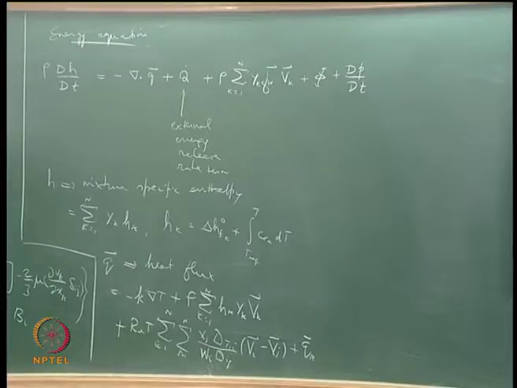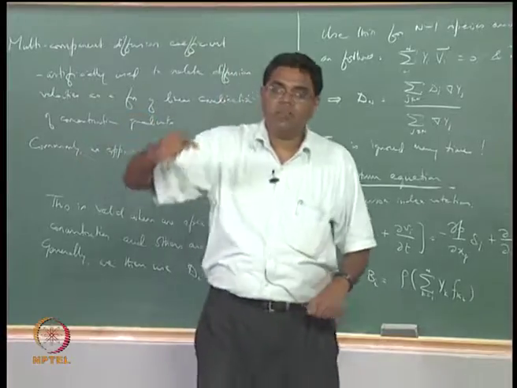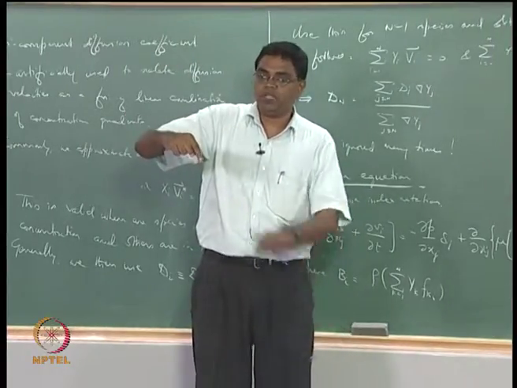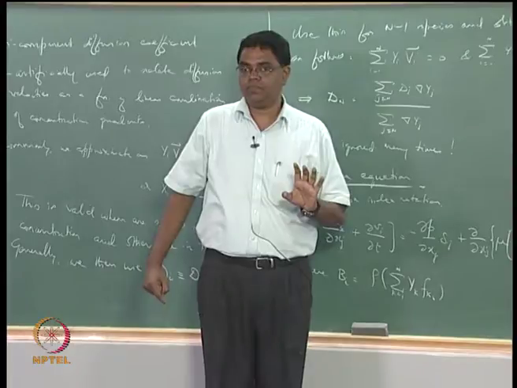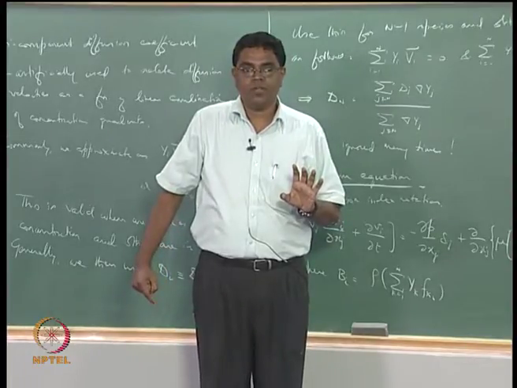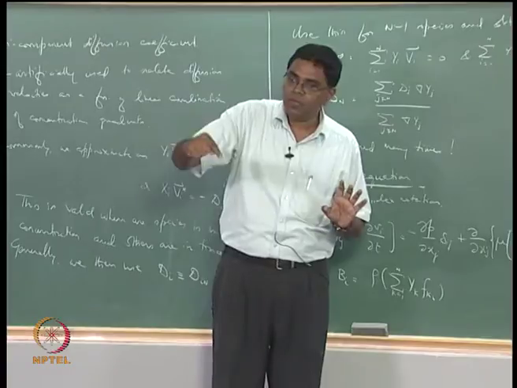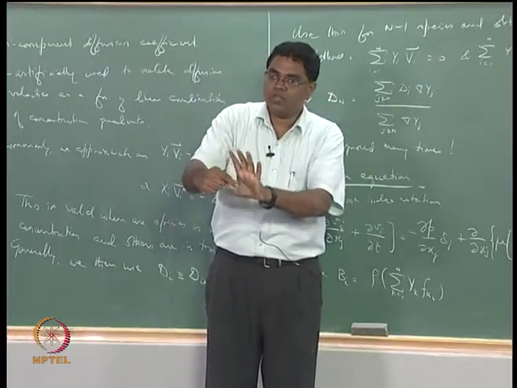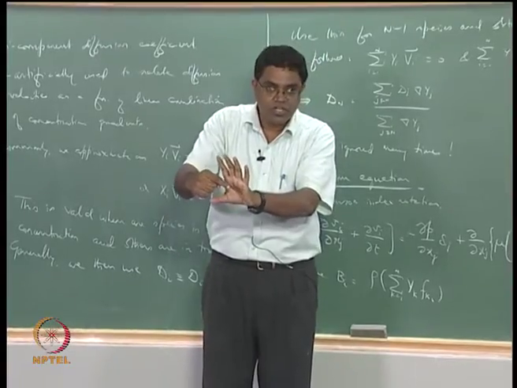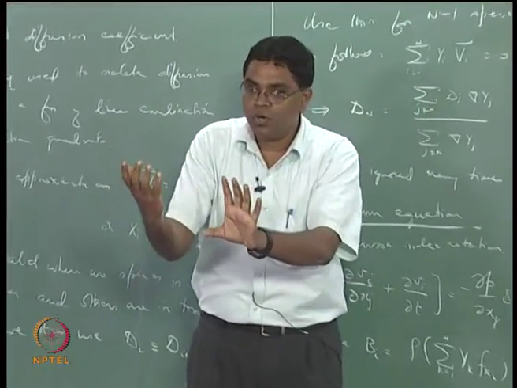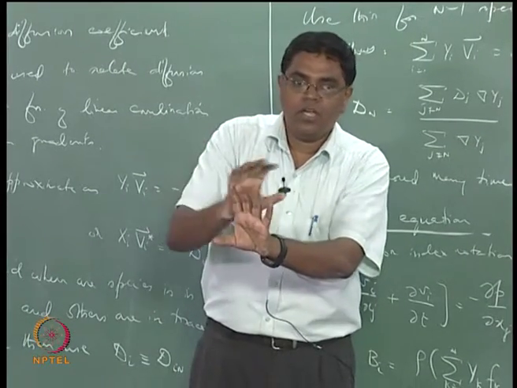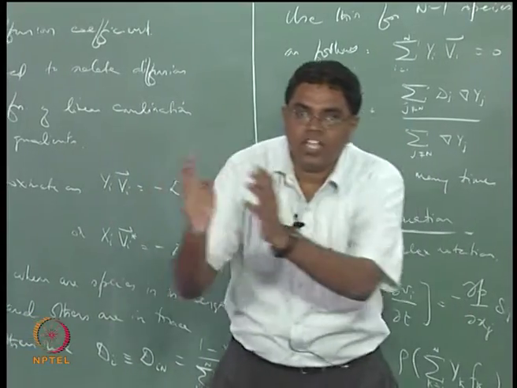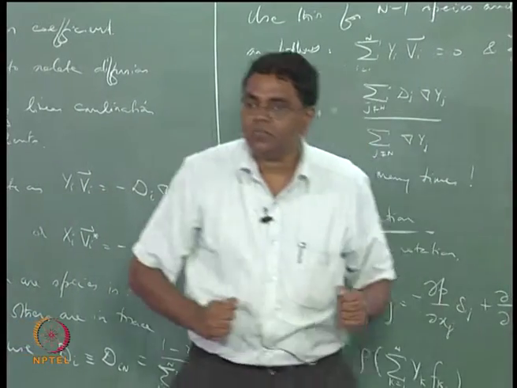There is still enthalpy carried by individual species at its diffusion velocity with respect to a mixture fixed coordinate system, right. In reality it is carrying its enthalpy at its velocity, but now we have taken a mass average velocity of the mixture, and that does not depend on species anymore. So we should now be able to add up the contribution of all the species put together in terms of an enthalpy to see how the enthalpy of the mixture gets convected, right.